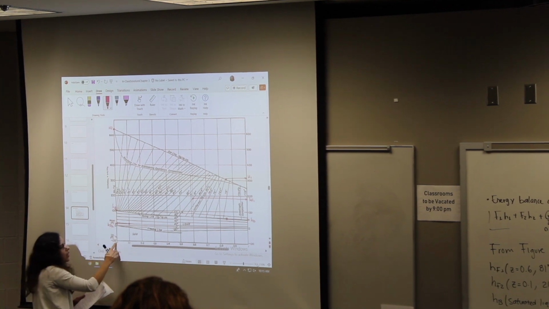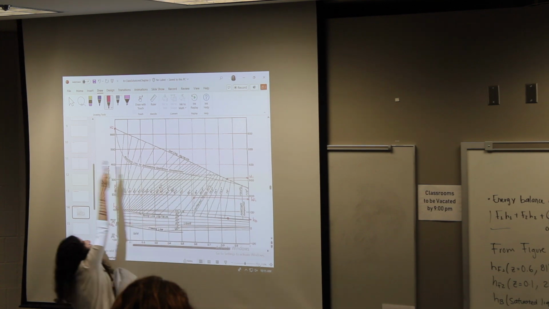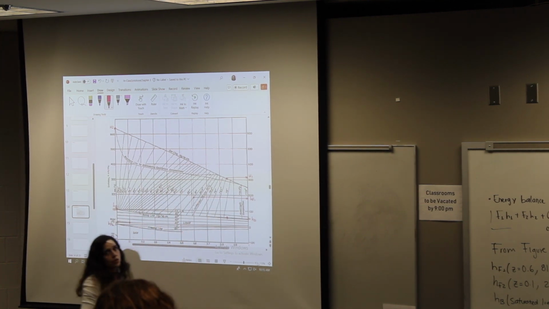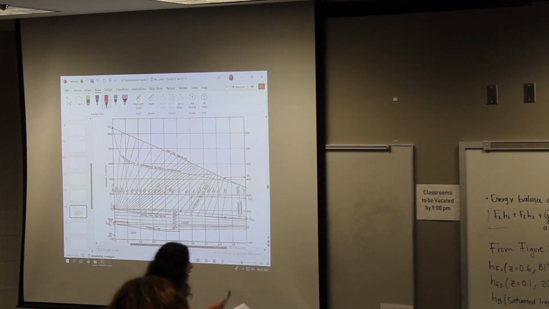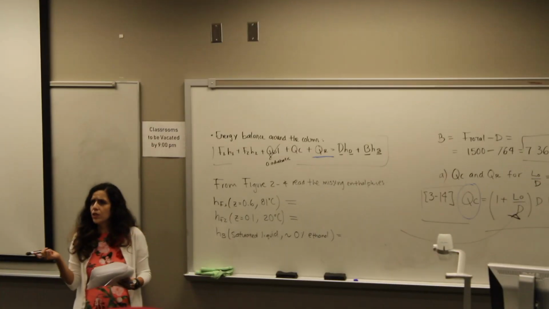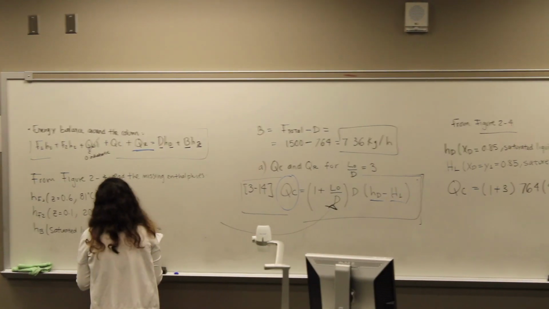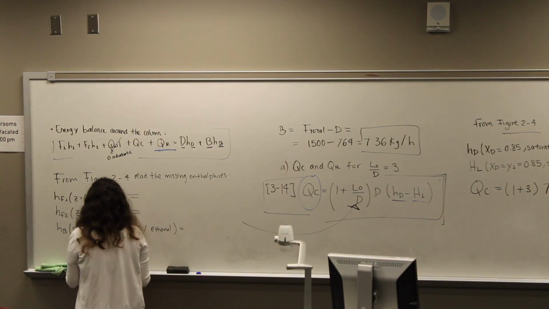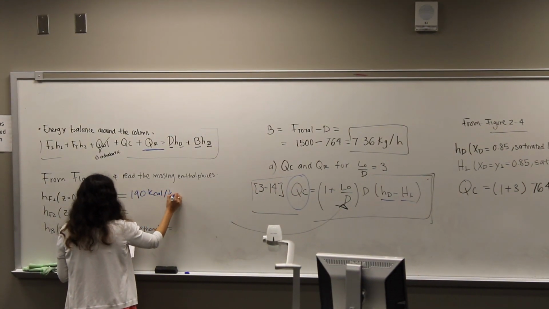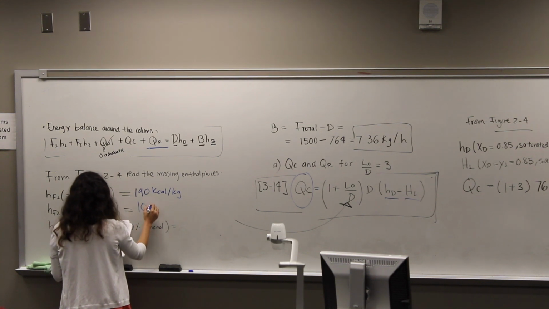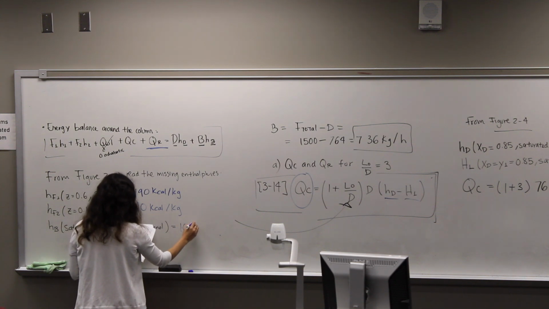So 0% saturated liquid is here, saturated vapor on top, and any line in between means that you have vapor and liquid. Okay, so my values, again, do you need time for reading that? I need to check. So HF1 is around 190. Then HB is 100.